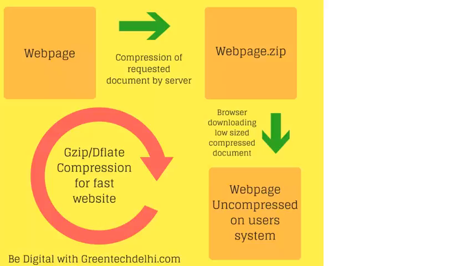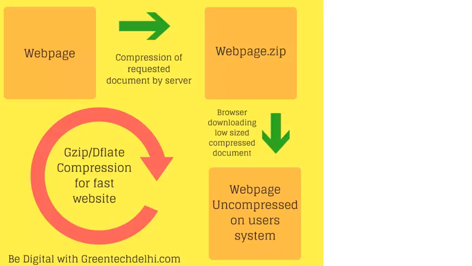I can use the gzip or deflate module on my server, the GreenTech Delhi server. The server is right now Apache. On an Apache server, I can use the deflate module, the deflate filter. By using the deflate filter, you can see in the diagram the web page gets converted into a compressed format, that is webpage.zip.